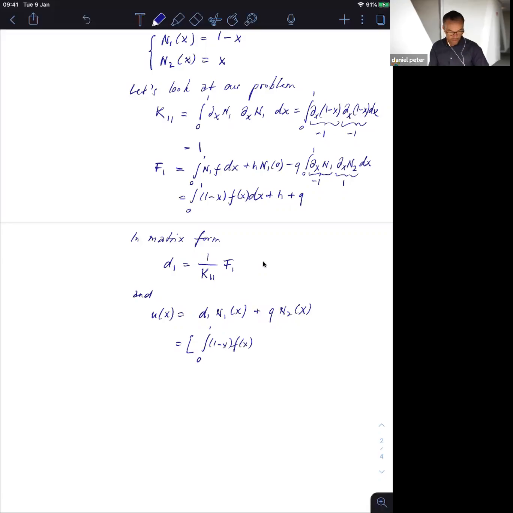The integral of f of x times dx plus h plus q. This would be d1 times n1. n1 is 1 minus x, plus the second term q times n2. What is n2? n2 is just x. Good, and that's the solution for our problem.